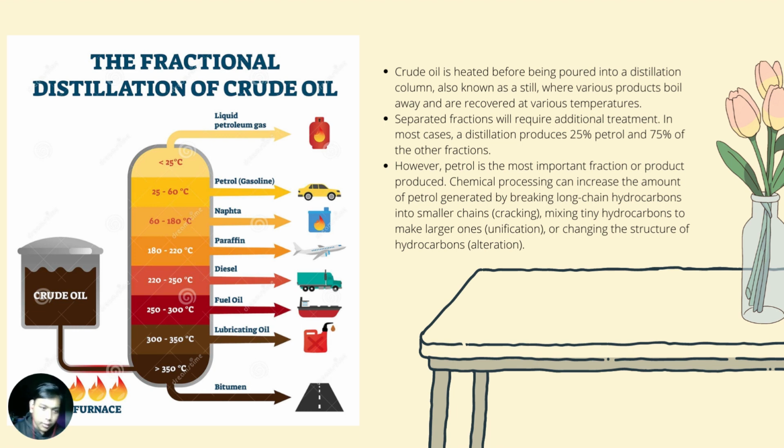And then 60 to 180 degrees Celsius is for naphtha. 180 to 220 degrees Celsius is paraffin. 220 to 250 degrees Celsius is for diesel. 250 to 300 degrees Celsius is fuel oil. 300 to 350 degrees Celsius for lubricating oil, and above 350 degrees Celsius is for bitumen.